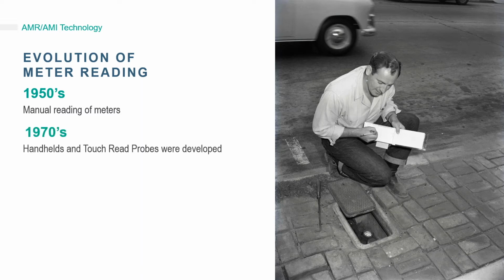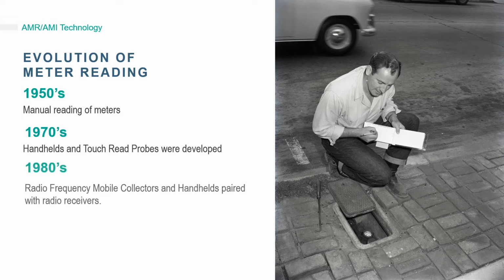In the 1970s, handhelds were developed to manually enter readings and download data at the billing office. The 1970s also had touch read probes developed. These touch read probes would automatically collect readings from a meter by touching the probe close to the meter's touchpad. The 1980s saw the birth of drive-by and walk-by AMR systems.